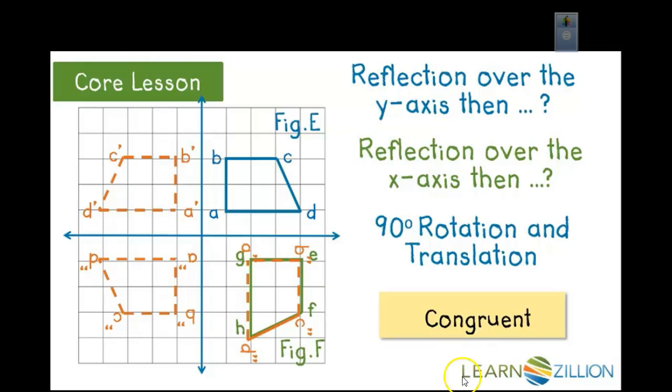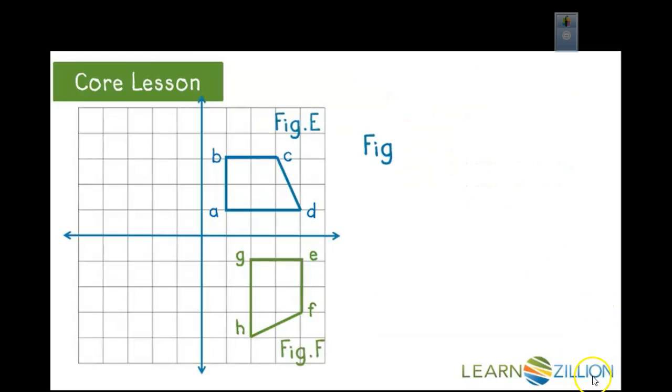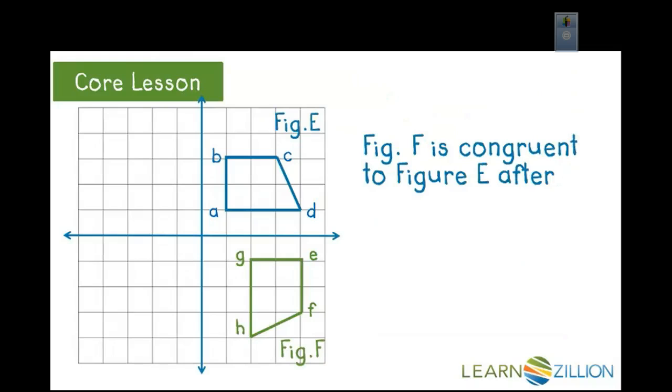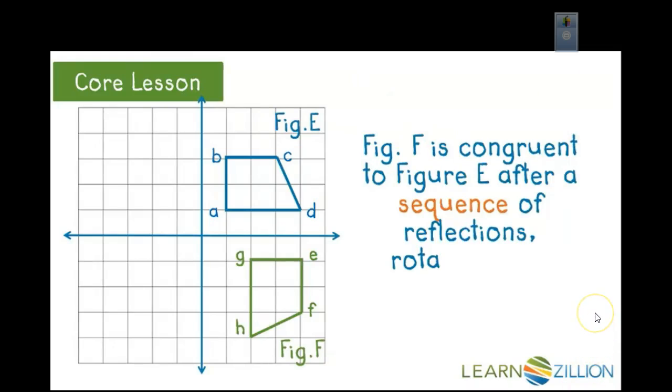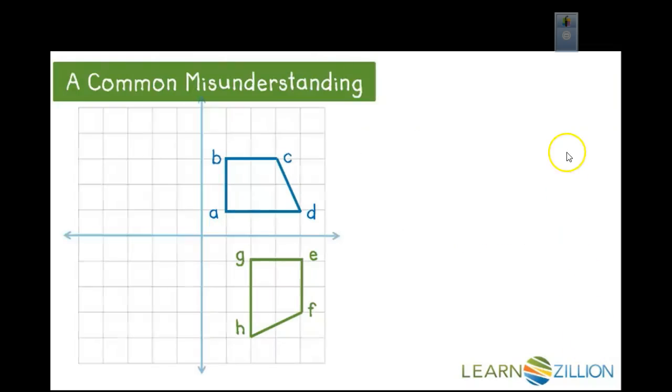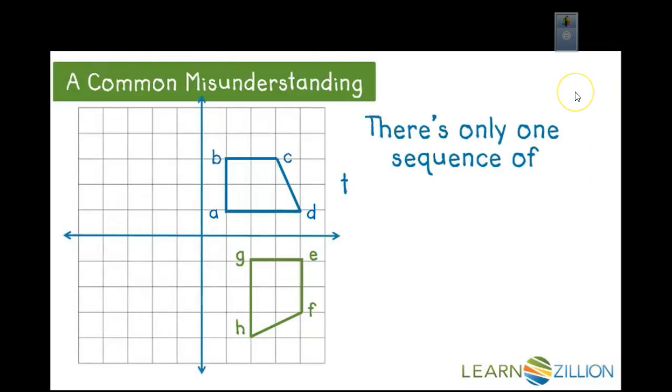None of them change the size or shape of the figure. We've demonstrated that figure F is congruent to figure E by using a sequence of transformations. We used a sequence of reflections, rotations, and translations to show congruency.